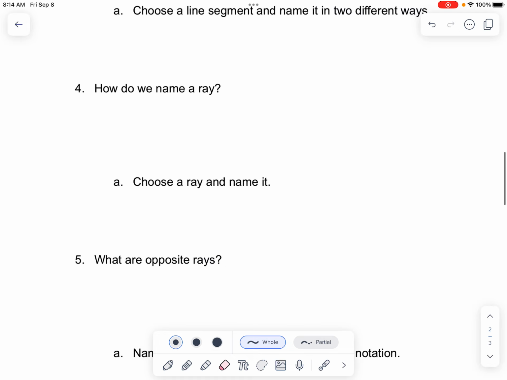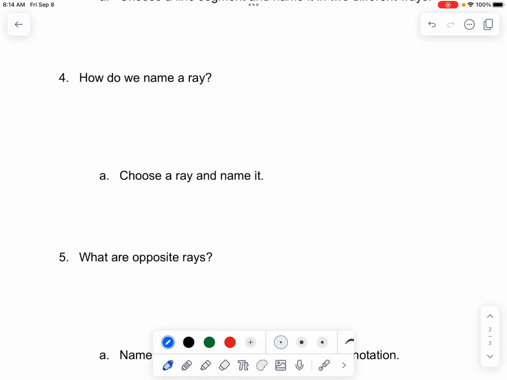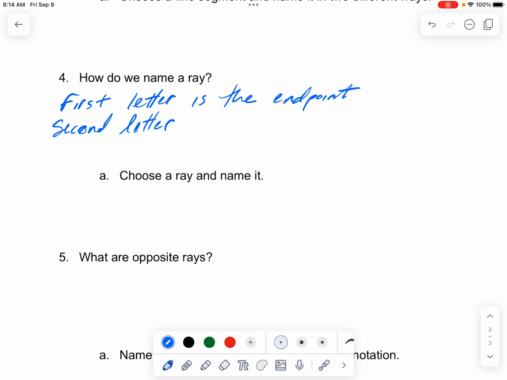Number 4, how do we name a ray? So naming a ray, the order is a little bit more important. The first letter in naming a ray is the endpoint. And the second, I always say it like this, the second letter is the direction.